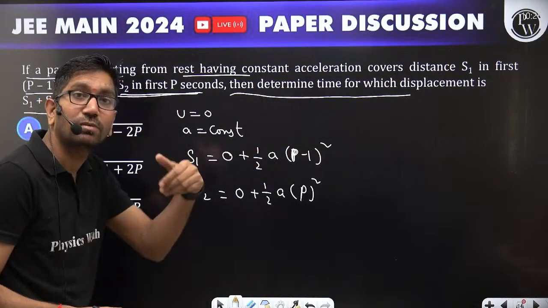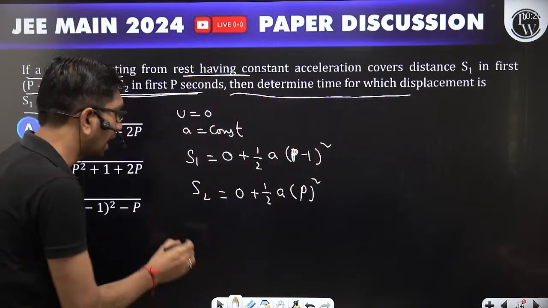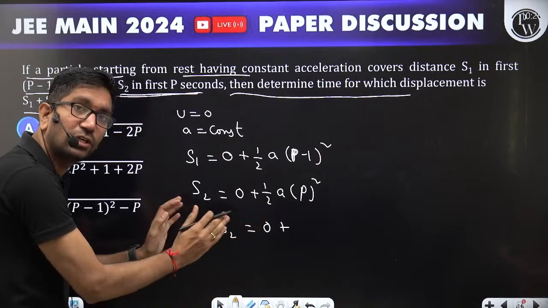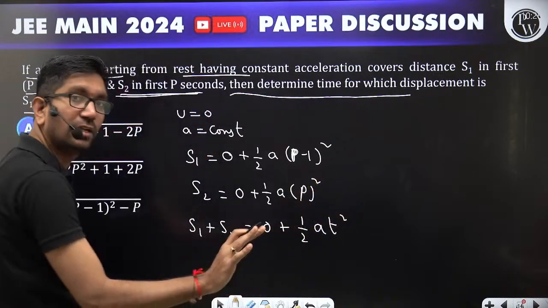For the displacement s1 plus s2, again I am using the displacement-time equation s = ut + half a t squared.